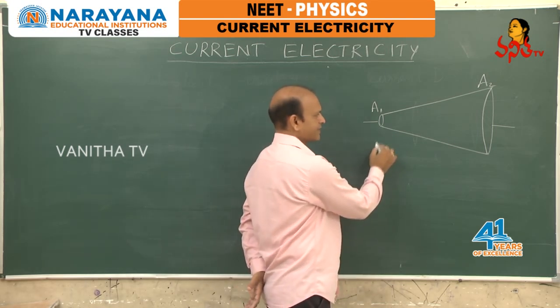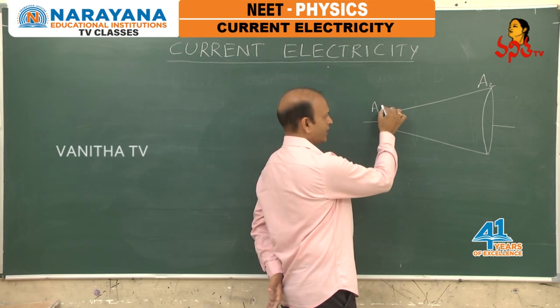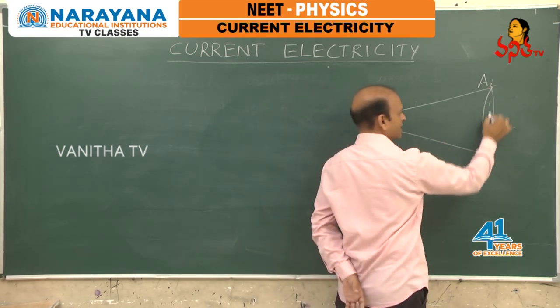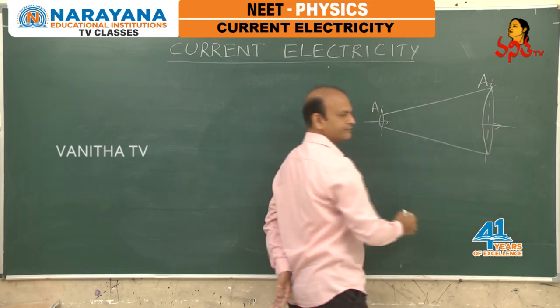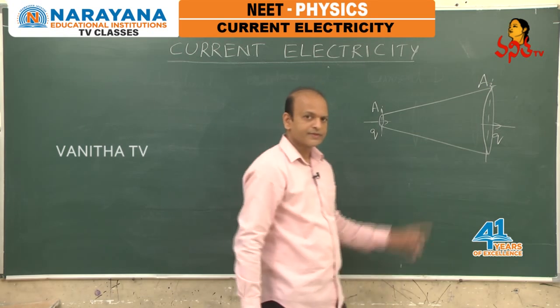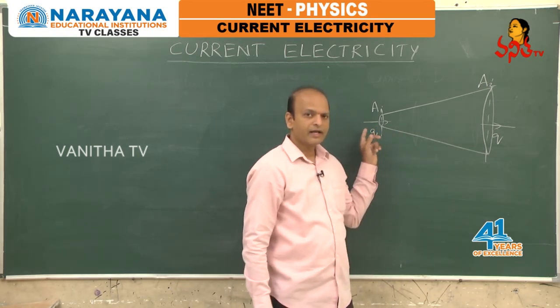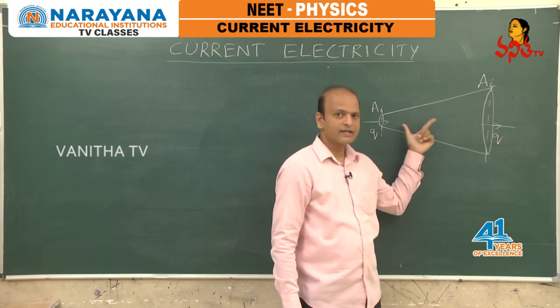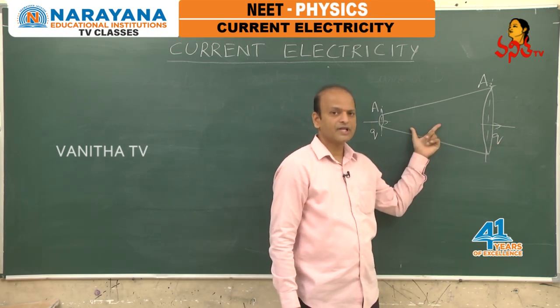Here in this case, whatever charge enters at this end, the same charge will be leaving from this end. Charge remains the same, because the charge entering at one end will be coming out from the other end, as there is no creation of charge or loss of charge in between.